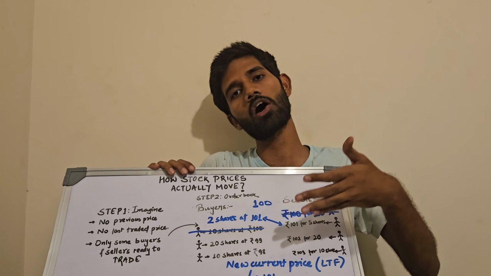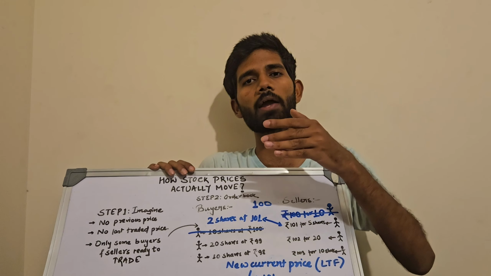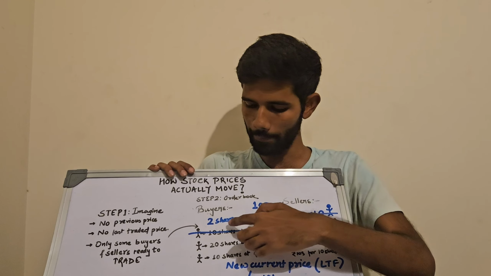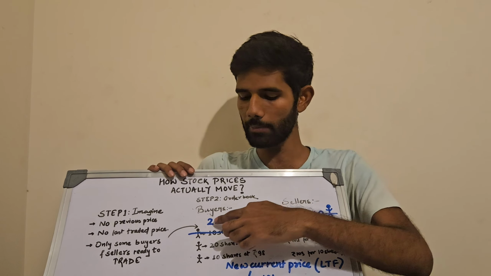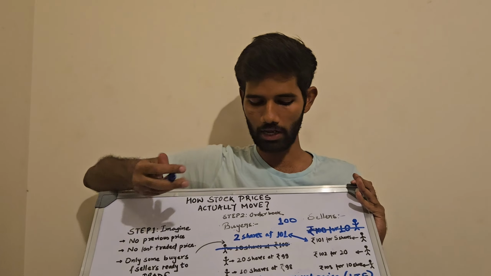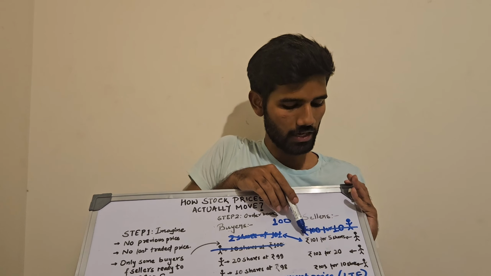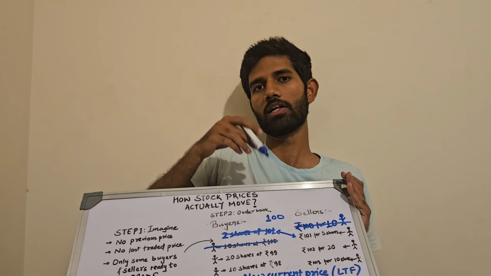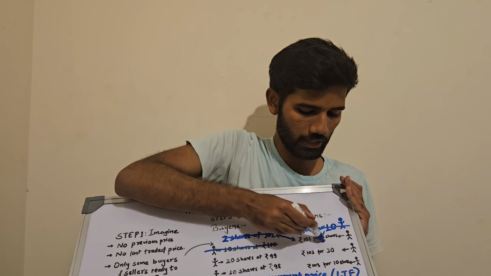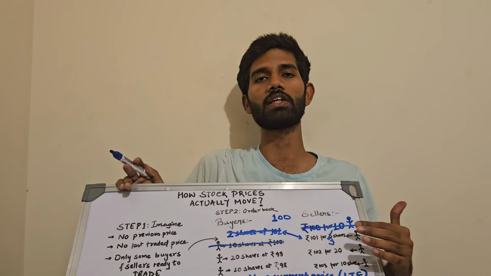Even if you place an order of like 100 shares, it happens in fragments whenever it gets a match. So this buyer's demand will be fulfilled and he will be removed from the order book. But this seller who was only able to sell 2 of his shares, now this number 5 will be removed and 3 will be left. He will still sit on the order book, but now with 3 shares.